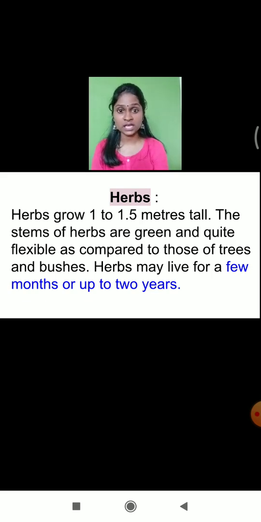The stem of herbs is always green. They are quite flexible as compared to those of the trees and the bushes. Herbs may live for a few months or up to 2 years. They don't have a longer lifespan as compared to shrubs and trees. They live just for a month or might be for 2 years, not more than that.